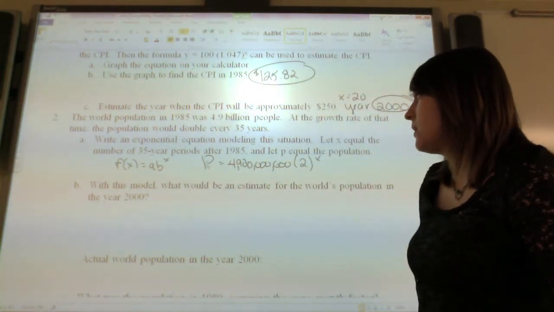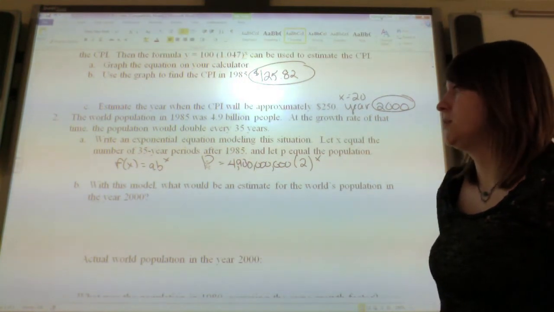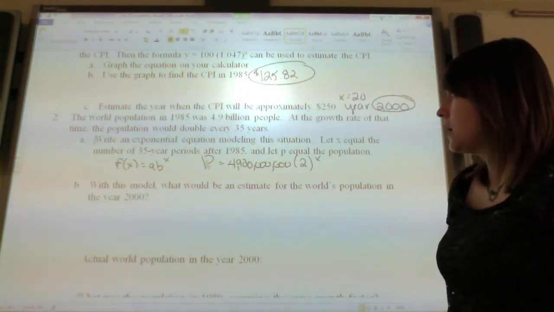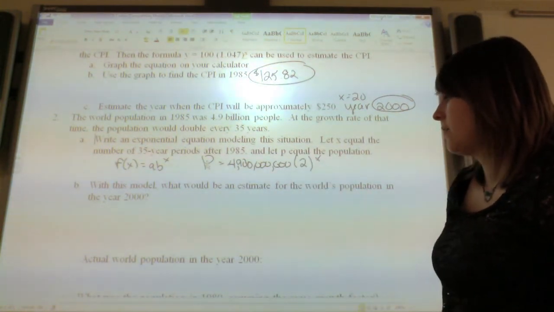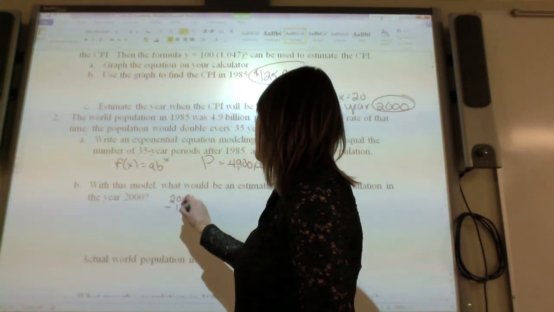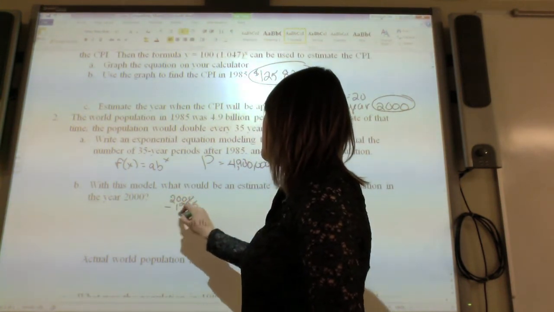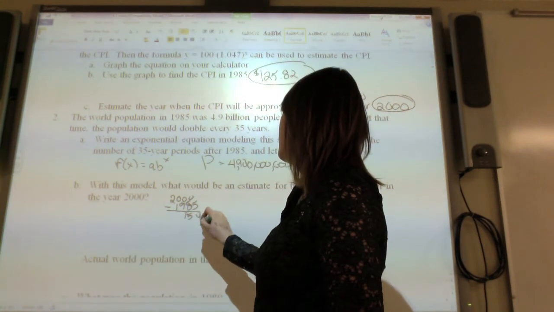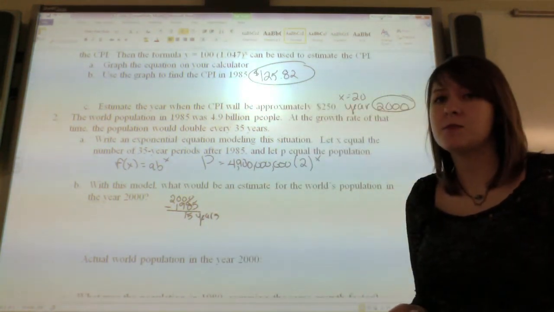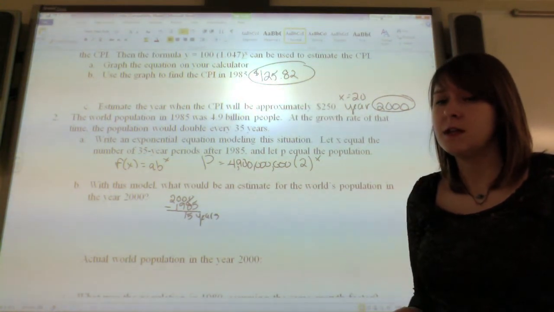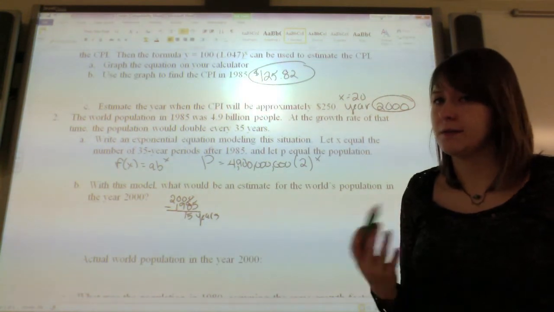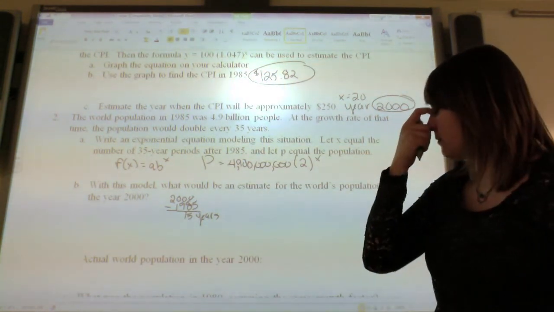And it says, with this model, what would be an estimate for the world's population in the year 2000? Well, I know that my initial value was in 1985. So if I want to find for the year 2000, I know that that's 15 years. The problem is that my x value is in terms of 35-year periods. So I can't just plug in a 1, I can't plug in a 2, I can't plug in just a whole number.